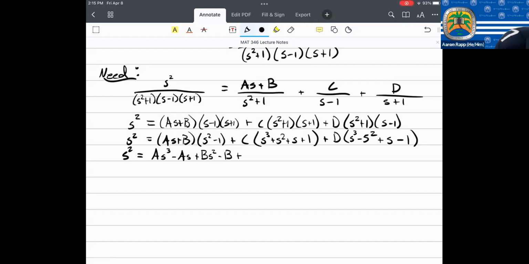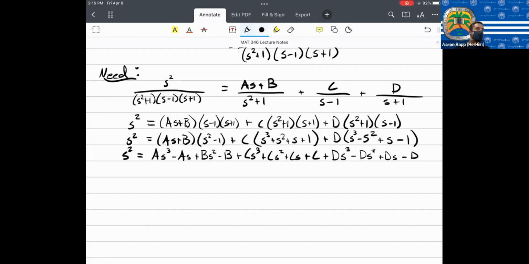What are you talking about? So then cs cubed plus cs squared plus cs plus c. Well, that was a 1 times c. Plus ds cubed minus ds squared plus ds minus d. Just minus d.